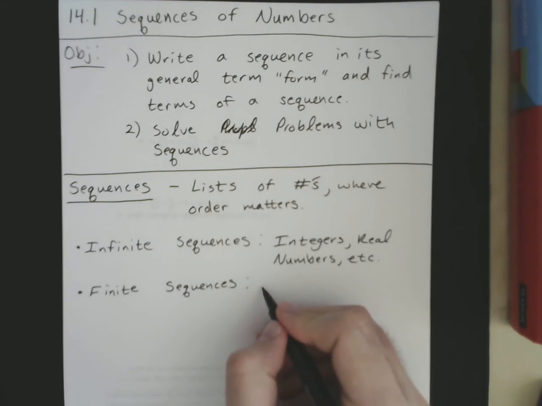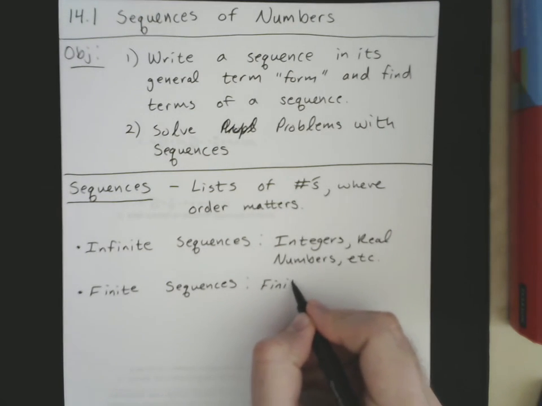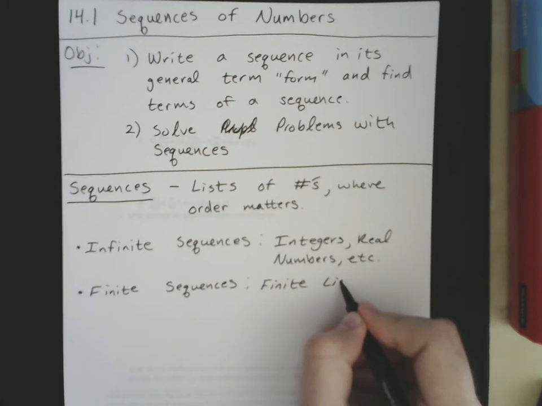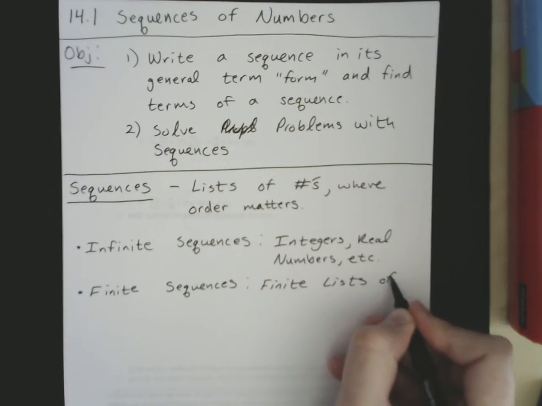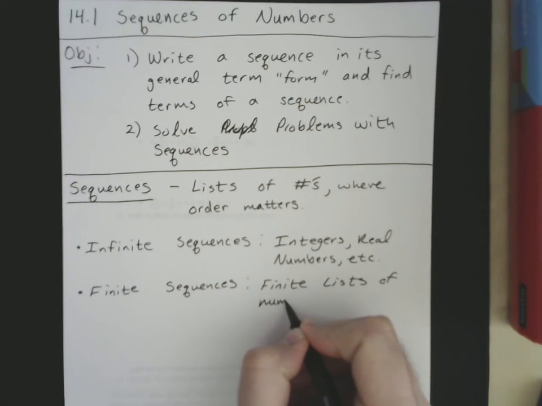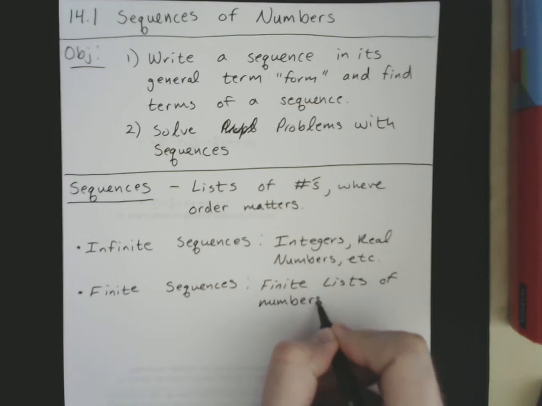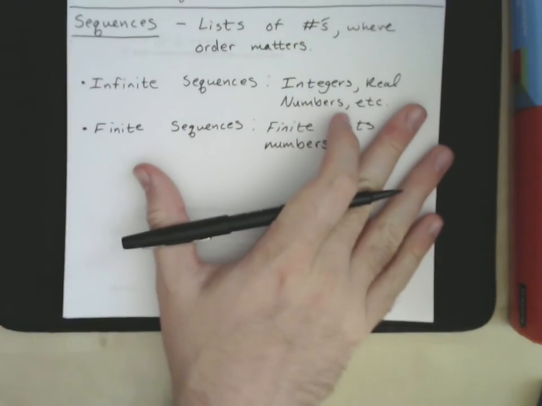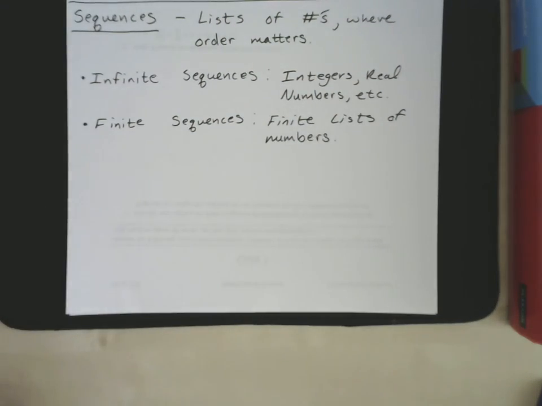And these are finite sequences, finite list of numbers. Of course, contrasting with infinite sequences that are infinite lists of numbers.